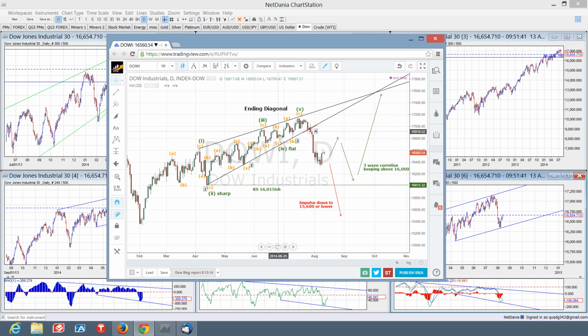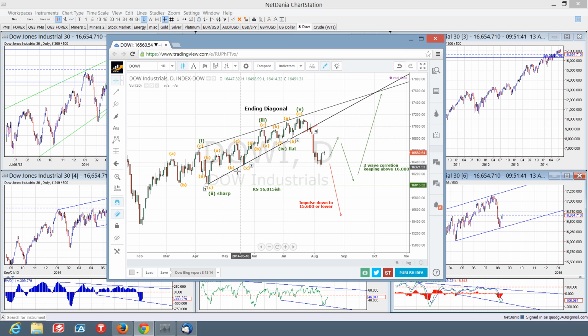And so with wave 4 making a contracted sideways flat, that alternates with the sharp in wave 2, and then wave 5 was also a final 3 waves up with an ABC.